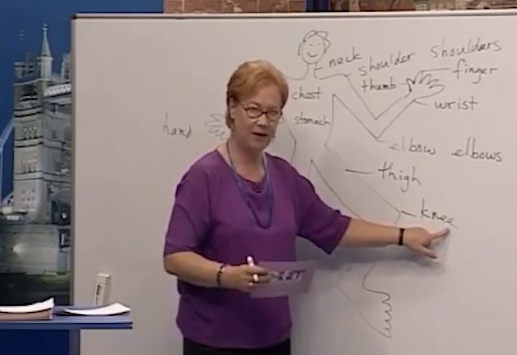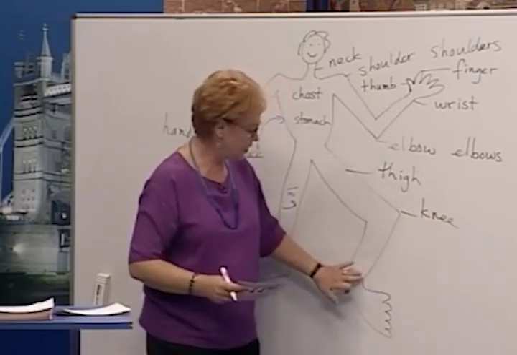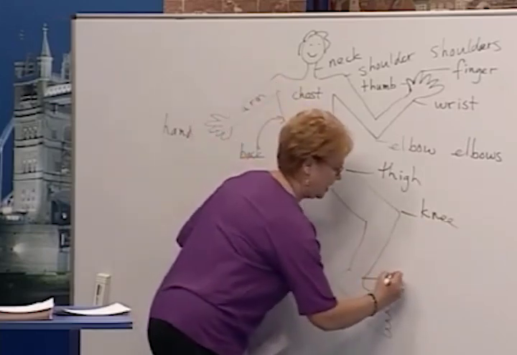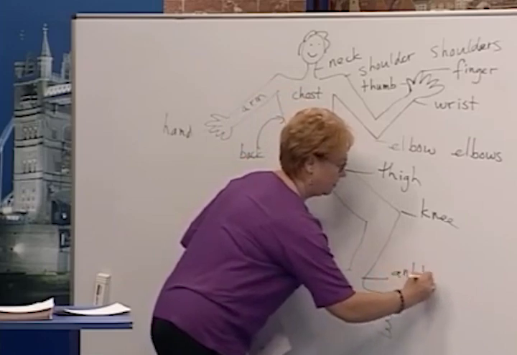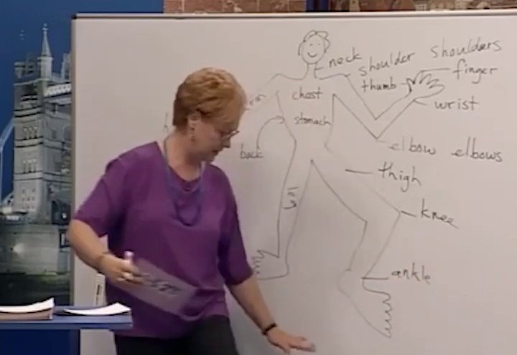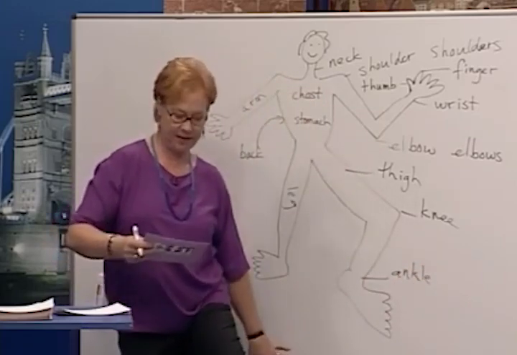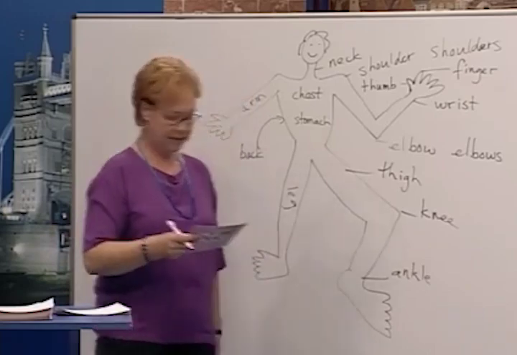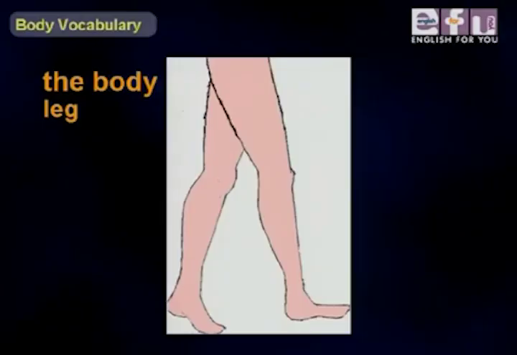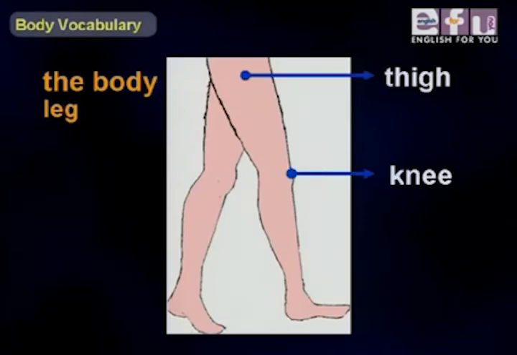All right? And then here we have the ankle. This is the ankle here. So if we look at the leg again, we have the thigh, the knee, and the ankle.